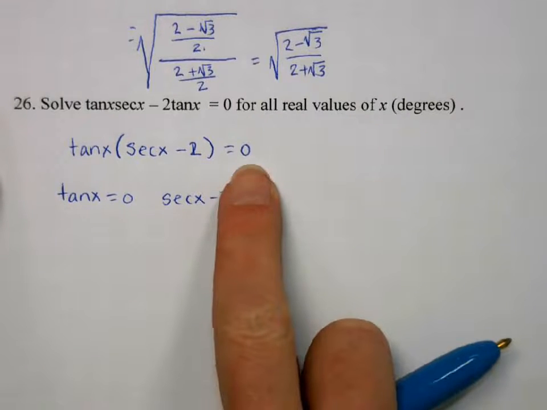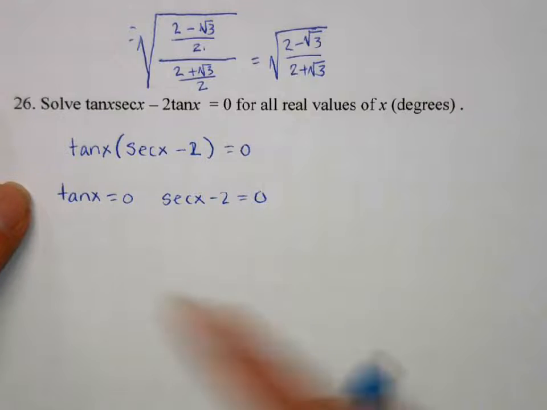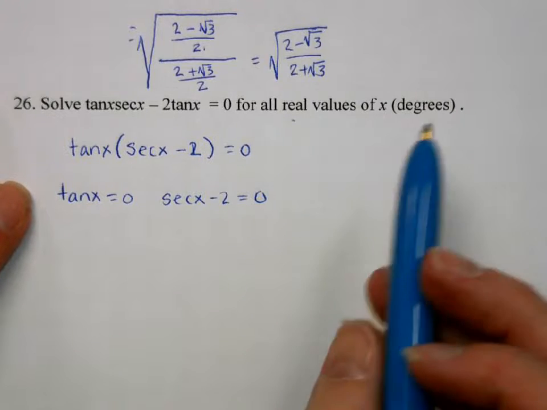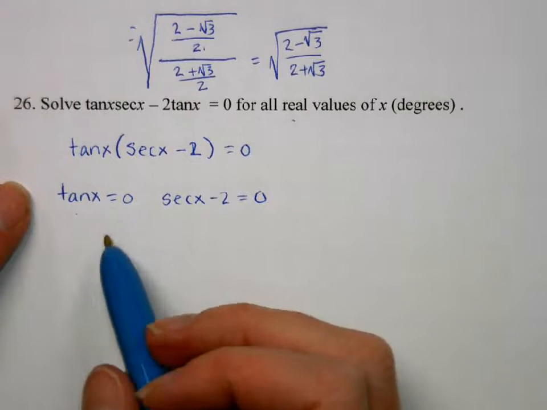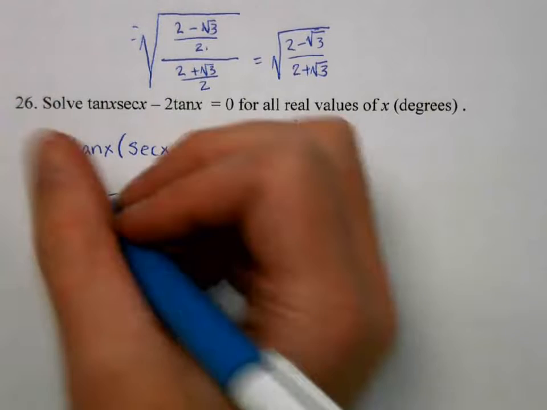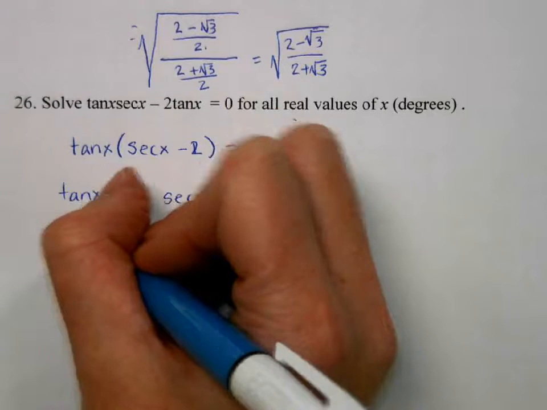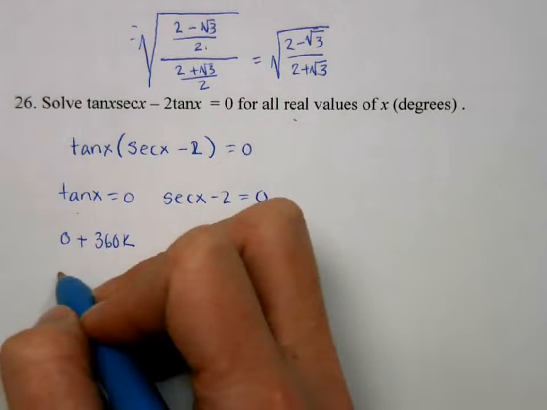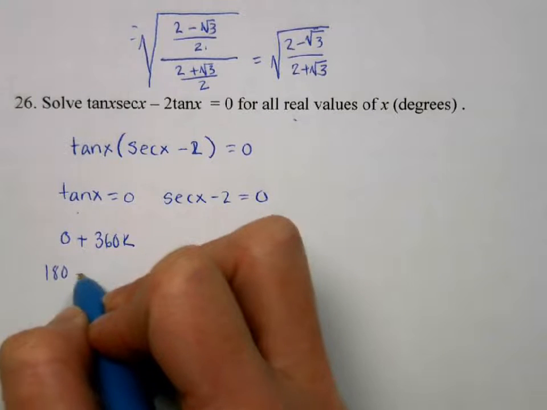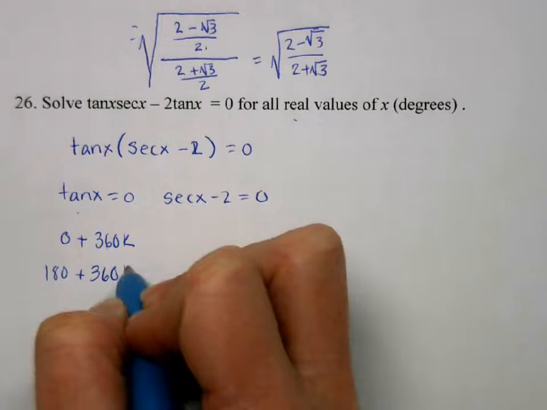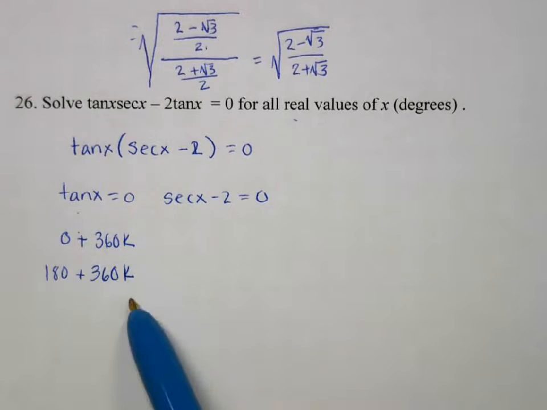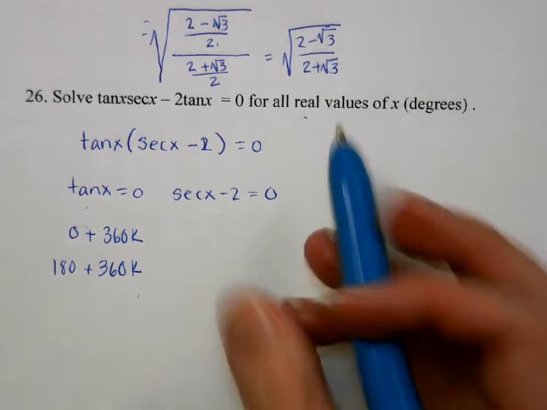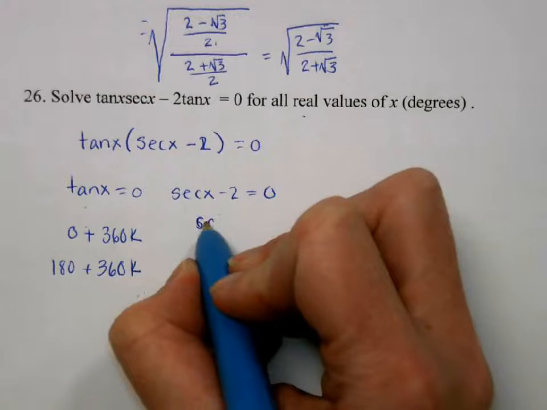Tangent is 0 at 0, and then I'll add plus 360k, and it's 0 at 180, plus 360k. So I'll find the unit circle values and then just add 360k. Secant of x equals 2, which means cosine of x equals 1/2 on our unit circle.